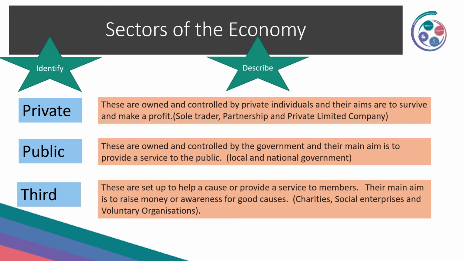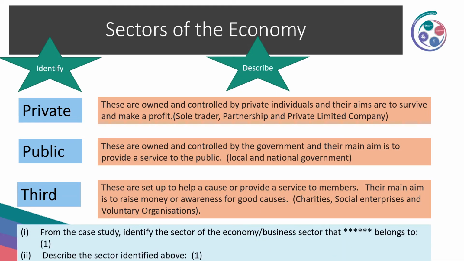Now, the style of question that is quite common for the National 5 exam this time would be to identify from the case study the sector of the economy that a particular business belongs to. If that came up, your answers would be the ones on the left-hand side under identify.